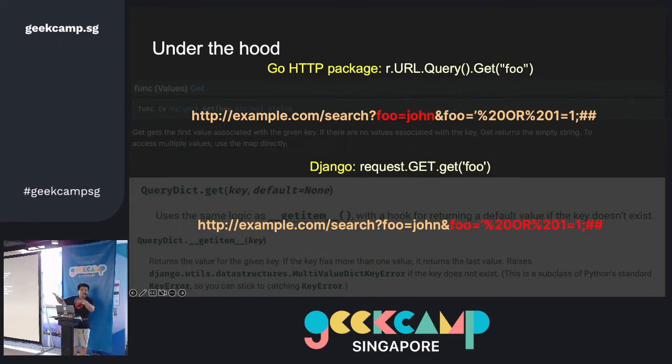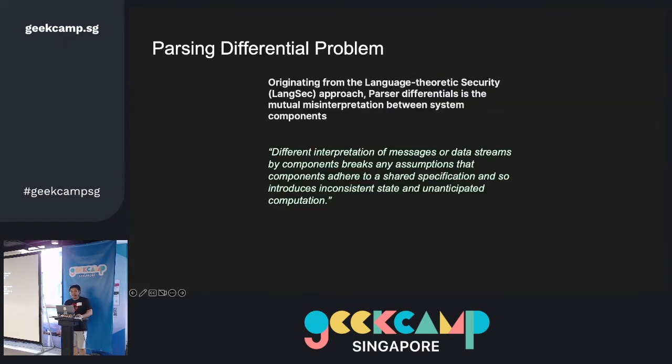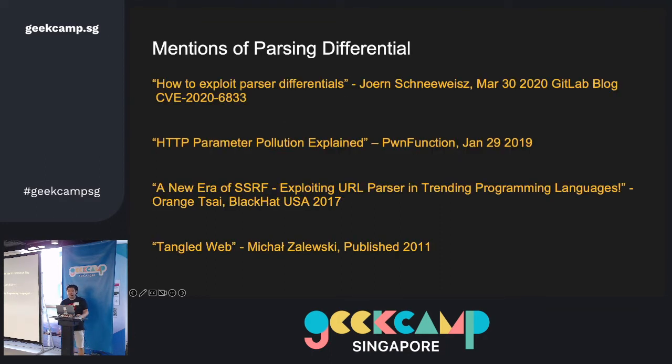It originates way back from this language-theoretic security approach, where systems have differences in mutual interpretations of the components. So this is not something that's new. It's been mentioned in many articles and many CVEs as well.